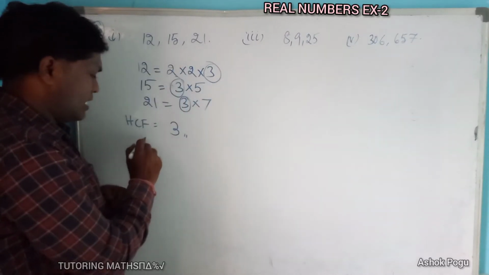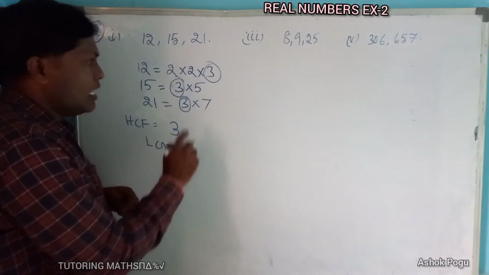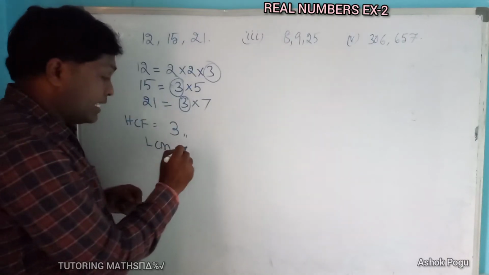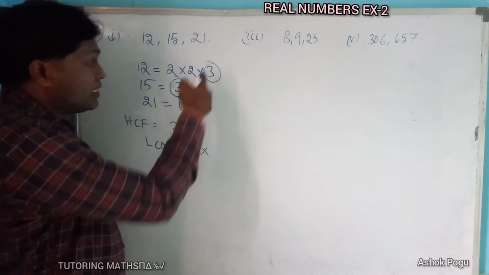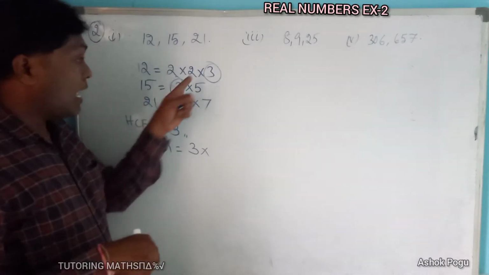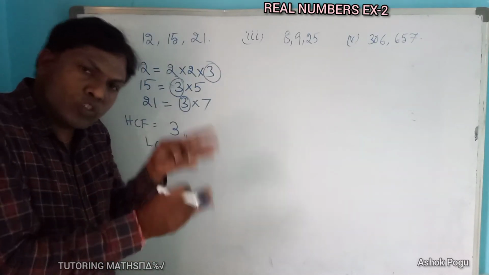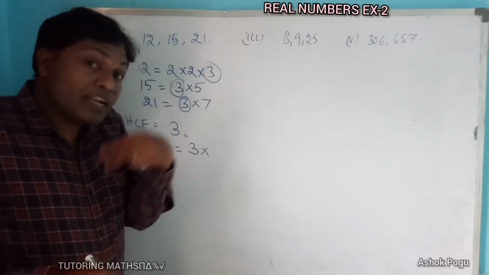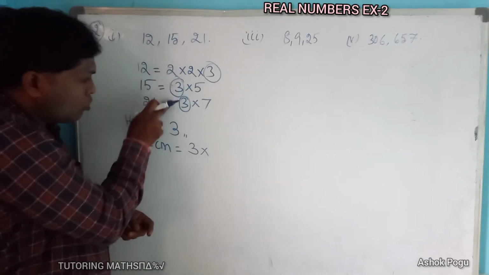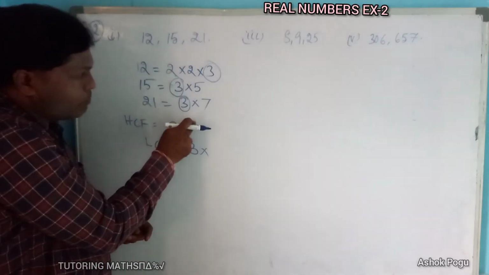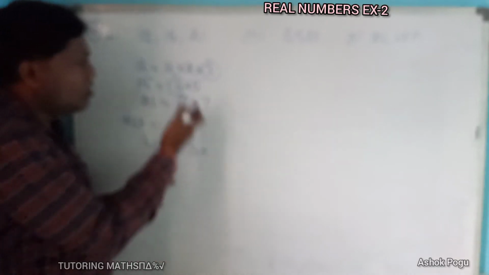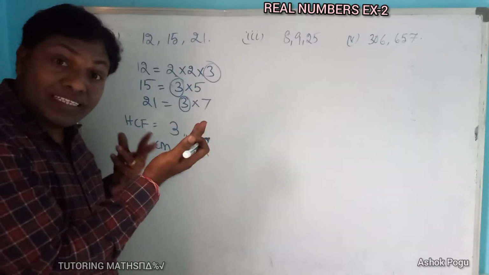Then how do we find LCM? It's very clear. For LCM, first of all, take down the common factor, that is 3. Next, in any 2 rows or 3 rows, check whether any number is repeated again. 2 is not repeated, 2 is not repeated, 3 is repeated. No number is repeated except 3.